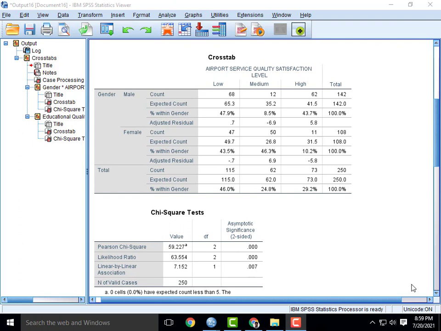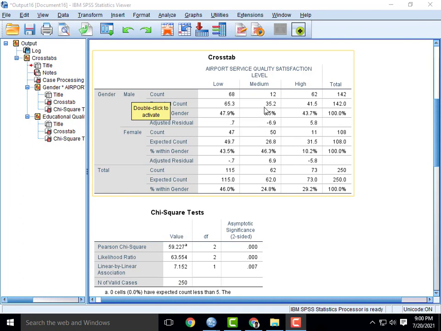Now let us see adjusted residual. Here the adjusted residual value plus or minus greater than 1.96 is considered a significant value. For male category adjusted residual values are 0.7, minus 6.9 and 5.8.